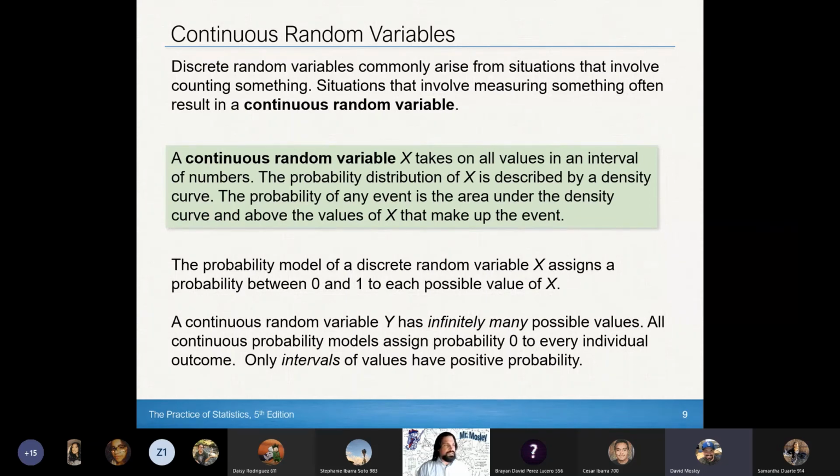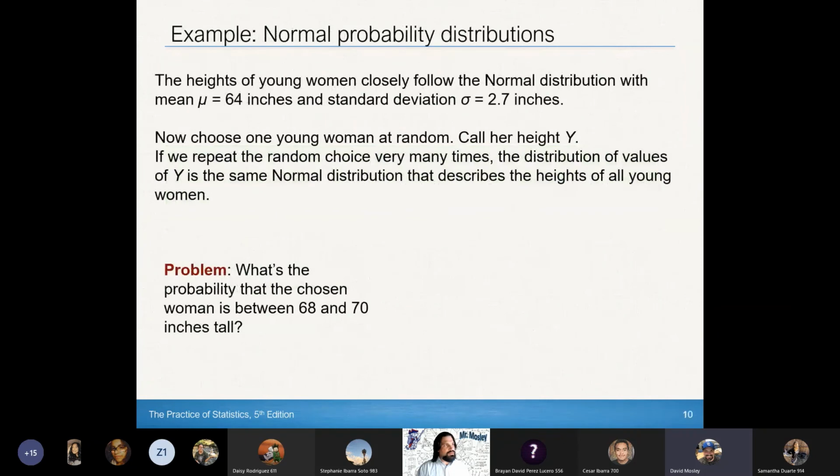Here's our example. The heights of young women closely follow the normal distribution with mean mu equals 64 inches and standard deviation sigma equals 2.7 inches. Now choose one young woman at random and call her height y. So y is a continuous random variable representing the height of a randomly chosen young woman.